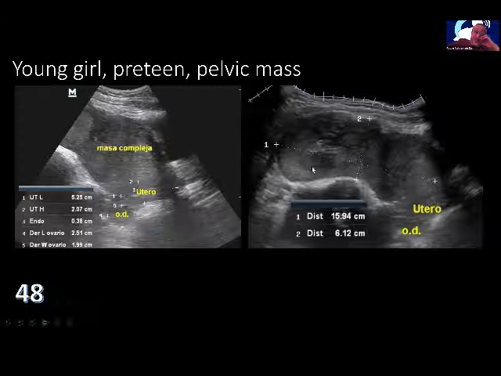This is a similar case with a young girl. This is not the uterus. The uterus is behind the mass, small, right ovary, and a complex and very big mass. If you have a device which can perform extended reconstructions, you can do this.